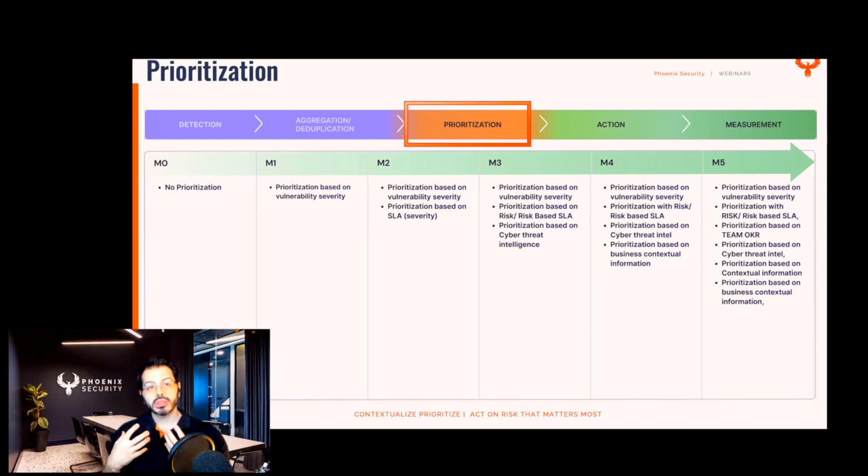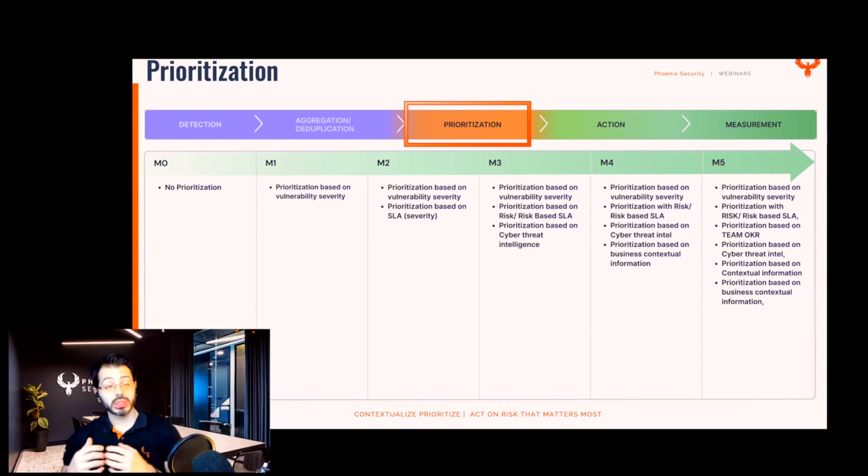And if you bring in also the business context, you start also understanding the impact of a specific vulnerability event to happen. And all of these three elements, how bad a vulnerability is, usually expressed in CVSS, what is the likelihood of an event to happen, and what is the impact, convey the sense of risk. The risk for a specific vulnerability to happen in the particular context where that asset is.